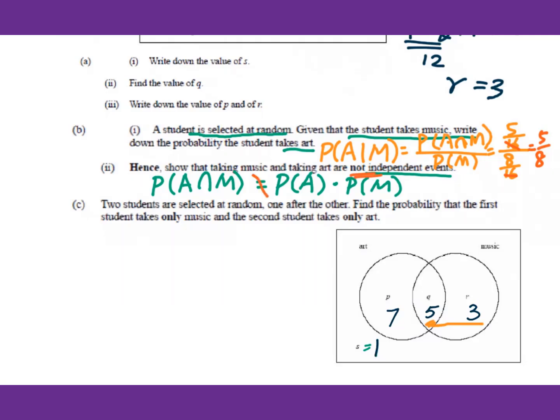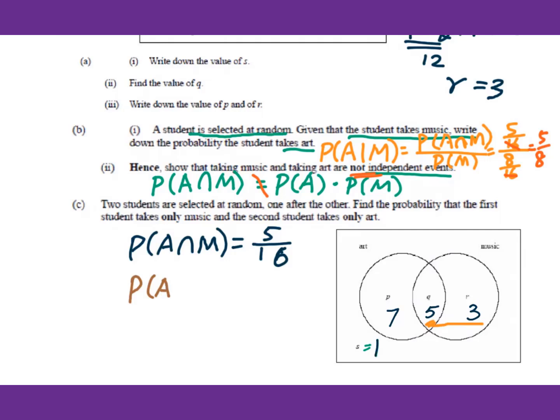So we just need to prove the probability of A intersect M is not equal to the probability of A times the probability of M. Probability of A intersect M equals 5 over 16.